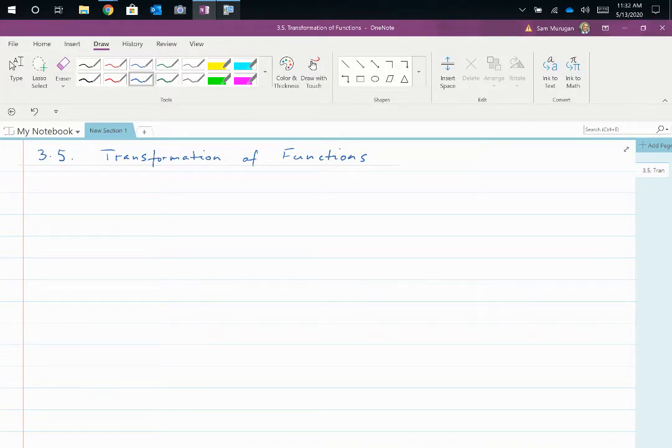And we're also speaking about either shrinking that function or stretching it. So let's go ahead and start with what's called vertical shifts.